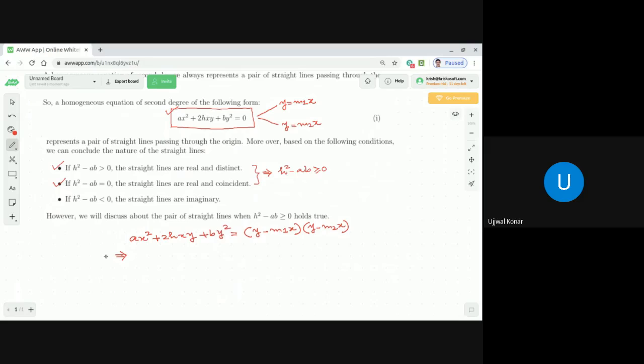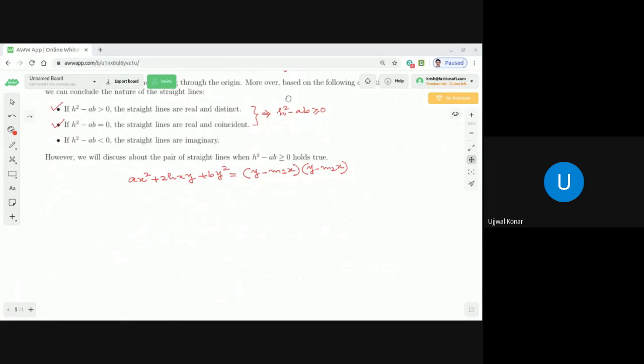From this we are going to find the relationship between the coefficients of the different terms of the homogeneous equation of second degree and m1 and m2. And what is the relationship we are going to get, dear students? We are going to get a relationship something like this.